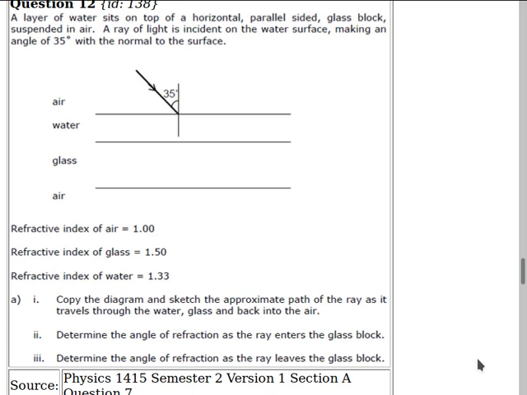Also 1, it's like air. What does parallel sided mean? Those lines are parallel in the diagram.